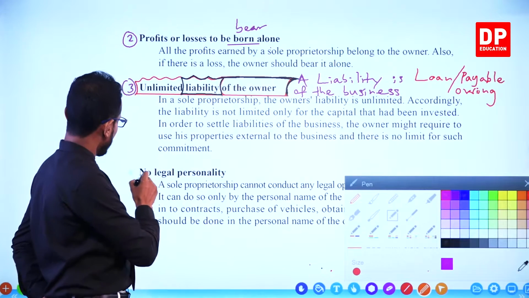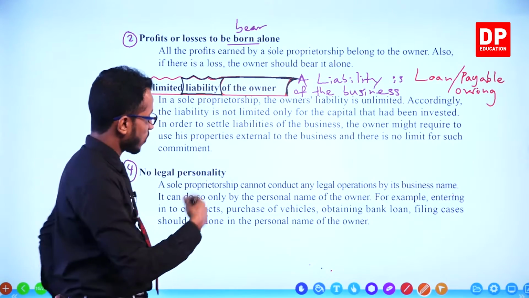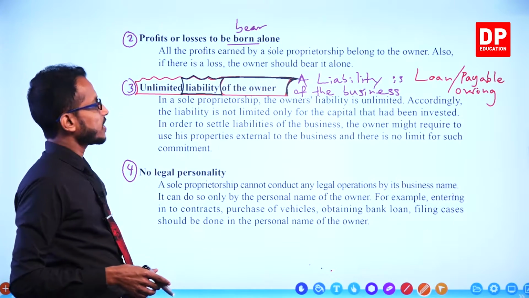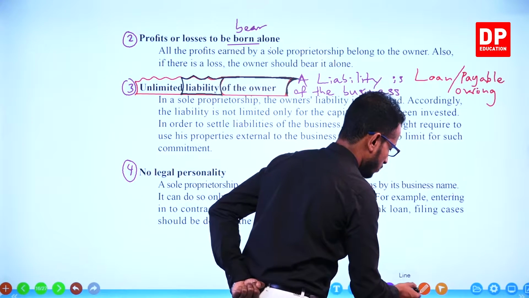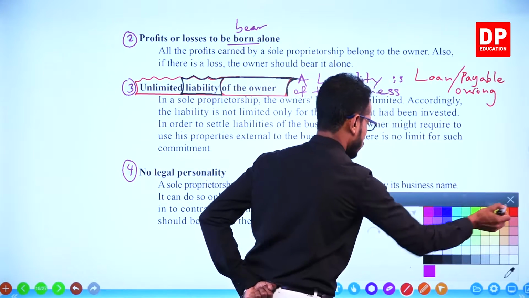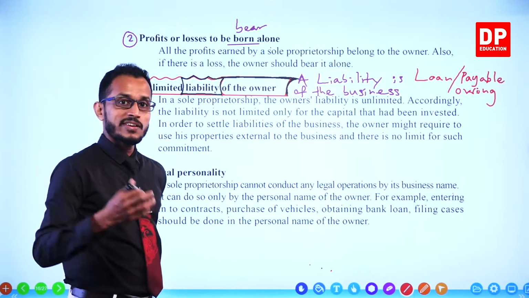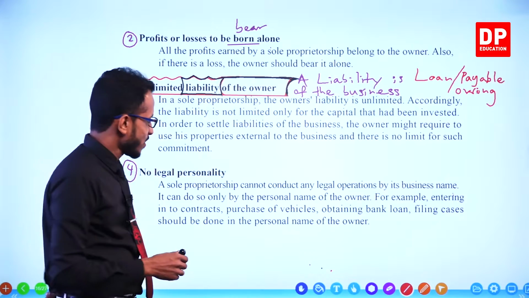And we have the fourth characteristic or feature of sole proprietorships, that is no legal personality. Again, something very important. How many very important things in this lesson? Well, there are many.